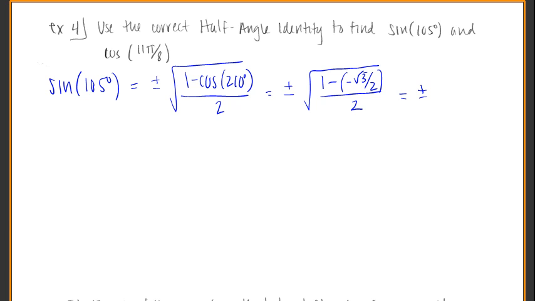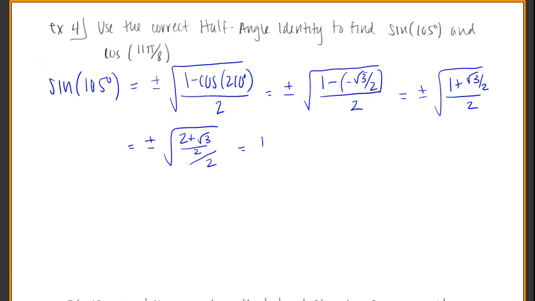Okay, so let's keep cleaning this up a little bit more. So plus or minus the square root of 1 plus the square root of 3 over 2, divided by 2. So 2 plus the square root of 3 over 2, divided by 2. It's a lot of work in there. So plus or minus, it's saying 2 plus the square root of 3 over 2, and then dividing by 2 is multiplying by the reciprocal, which is multiplying by half.